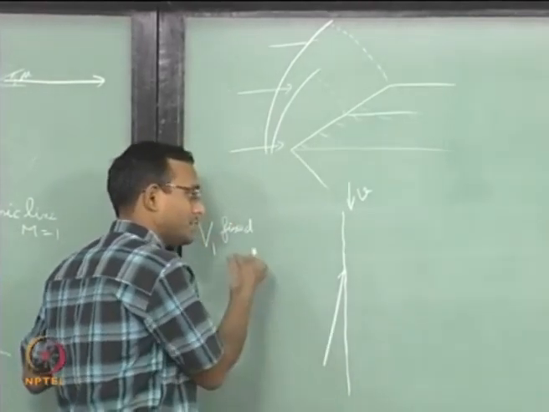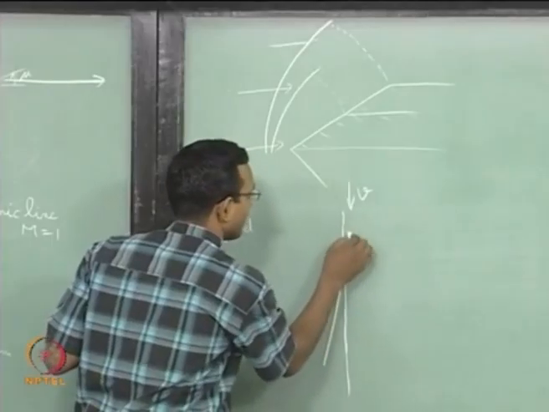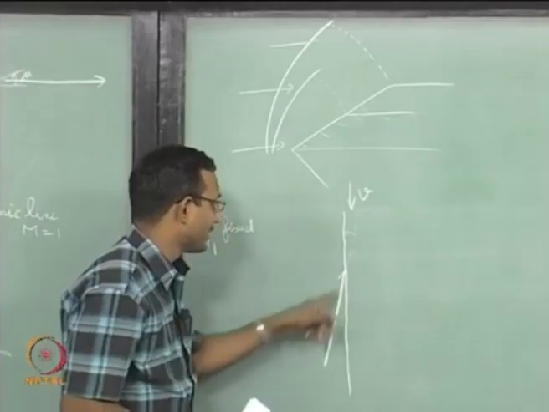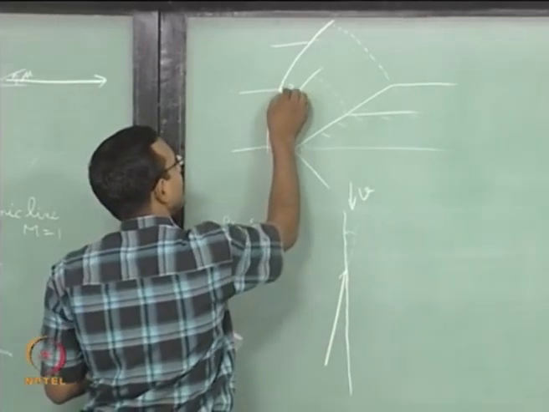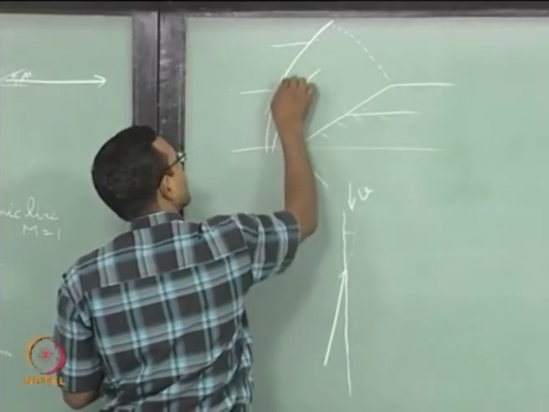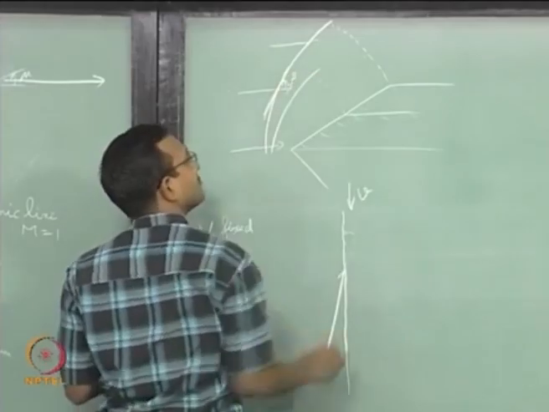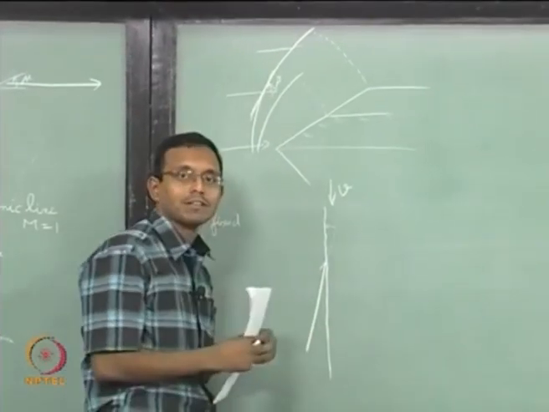If I want to change the beta, beta is nothing but this angle, the angle the shock makes with respect to the incoming streamline. In here we said this angle is beta, that was our beta locally. The shock makes this angle with respect to the incoming streamline.